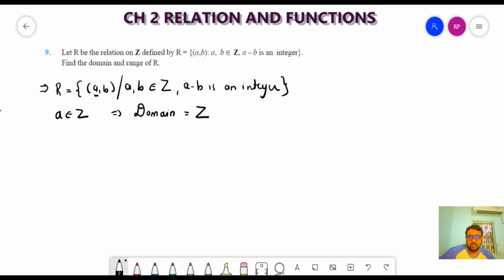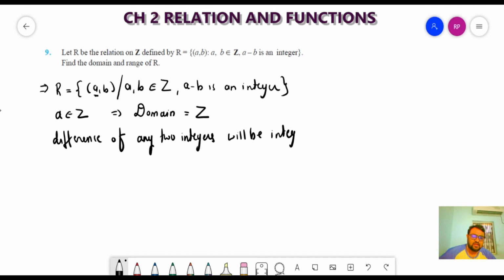Okay, now we know that the difference of any two integers will be an integer itself, right?